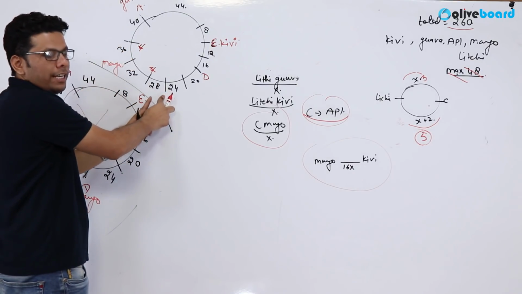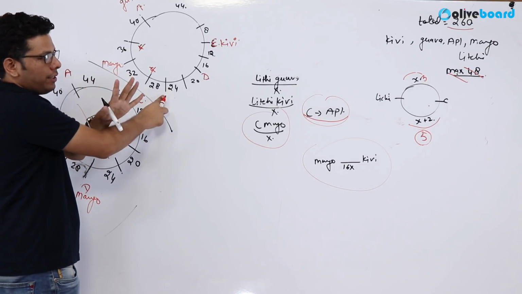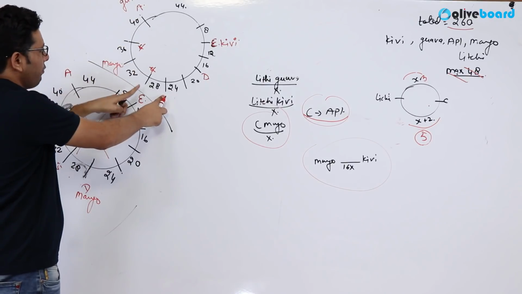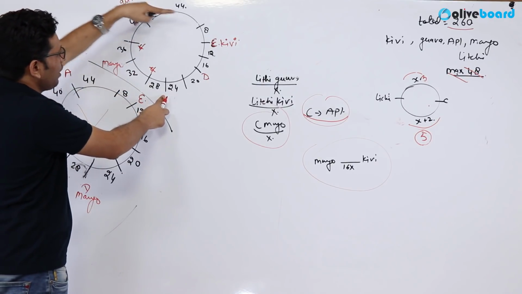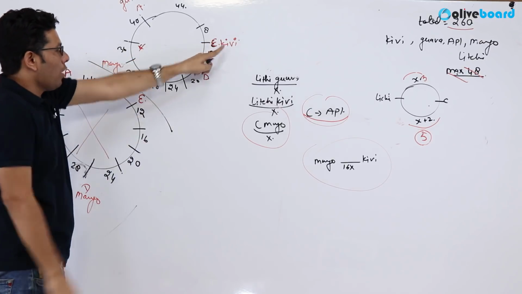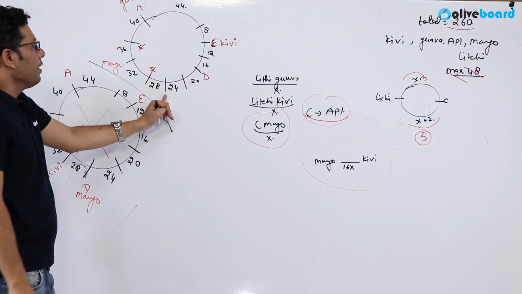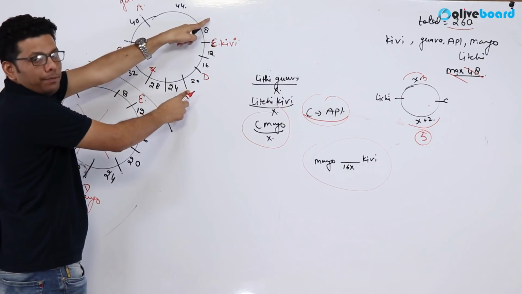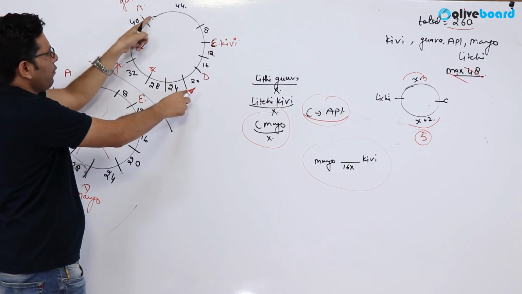If I put the C here, then after 5 positions my lychee should be there in the clockwise direction. 1, 2, 3, 4 and 5. And there is no place for the lychee. So I cannot put the C over here. If I put the C over here, then my lychee will be here. 1, 2, 3, 4, 5 and lychee.